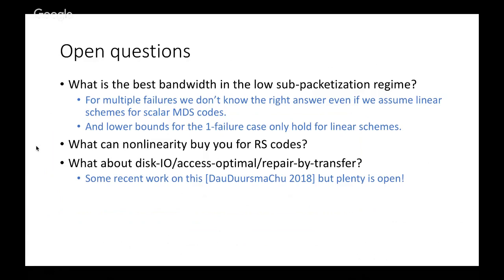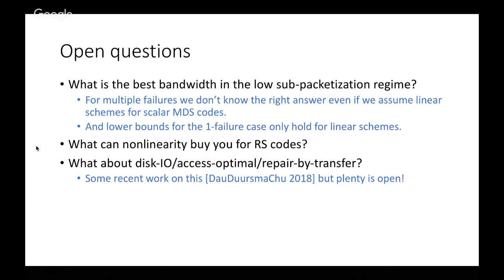Another question which I didn't talk about at all is what the nodes are actually doing during the repair process. In the scheme that I presented, they're just looking at their contents as a vector, taking the inner product of that vector with some other vector, and returning the resulting bit.